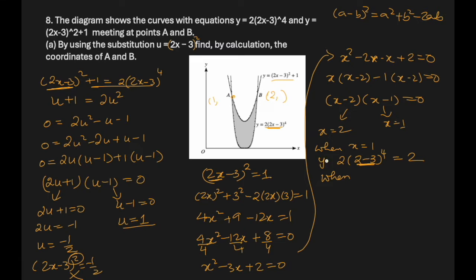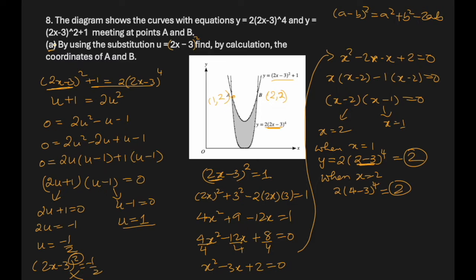When x is equal to 2, I should get the same answer. 2 times 2 is 4 minus 3 to the power 4, which is again 1, so 2 times 1. See, we got the same y. So it is (1, 2) and (2, 2). These are the two coordinates of A and B.